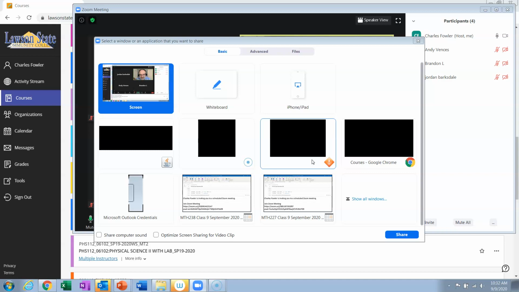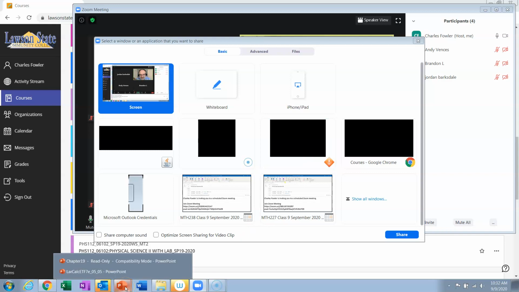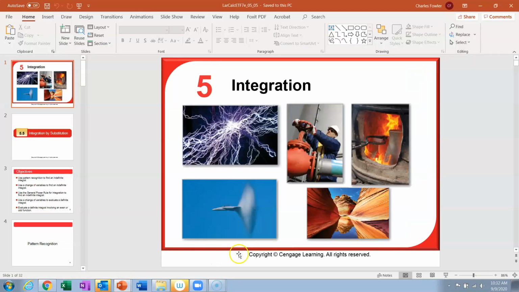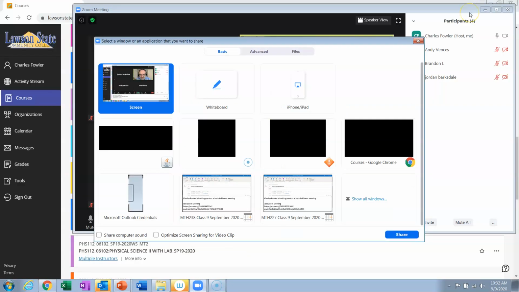I do not see, I just had it open. Let me go back and pull up. Now I have to minimize this. I don't know what's going on here.